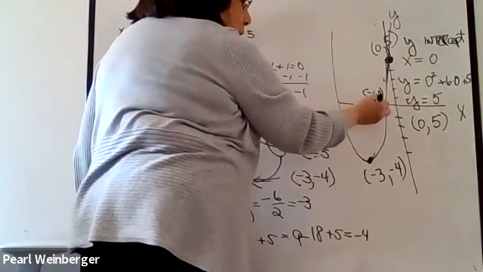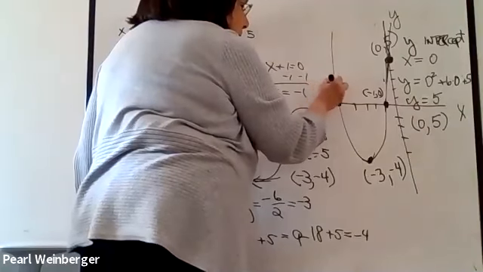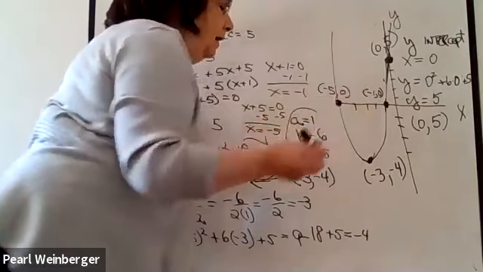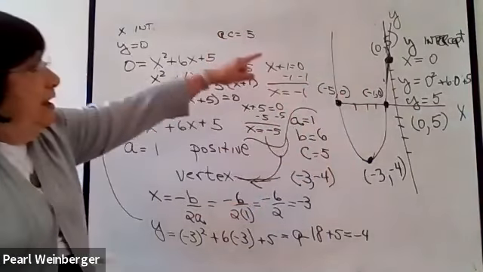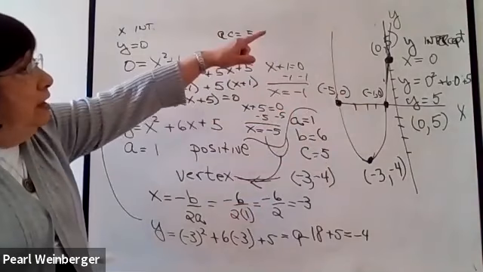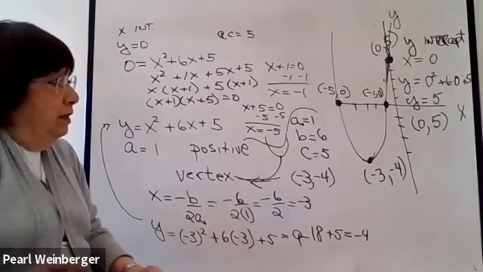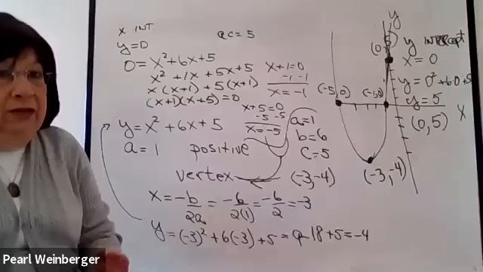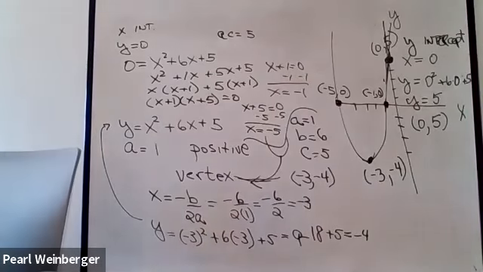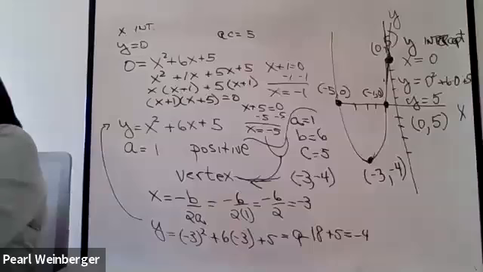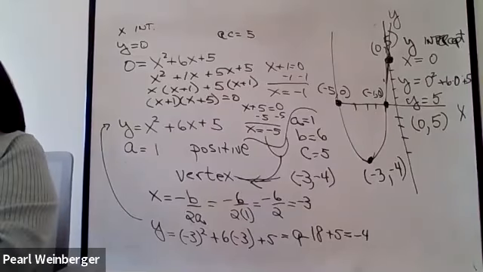And here's 1, 2, 3, 4, 5. Here's -5. So not only did I find my vertex, I found my x-intercepts and my y-intercept. And that's basically all they can ask you to do on a parabola. Most common question is to find the vertex.